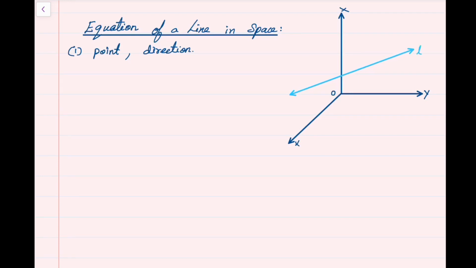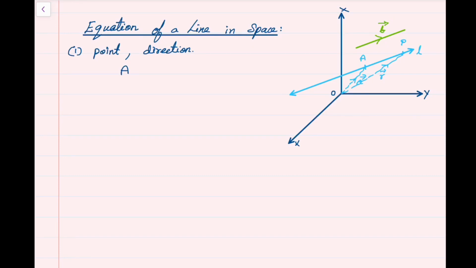Let L be the line whose equation we are going to find, and a parallel vector B is given, say. Let A be a point on this line whose position vector is vector A, and P be an arbitrary point whose position vector is vector R. So vector A and vector B are given, where A is the position vector of a point on the line and B is the parallel vector which gives the direction of the line.